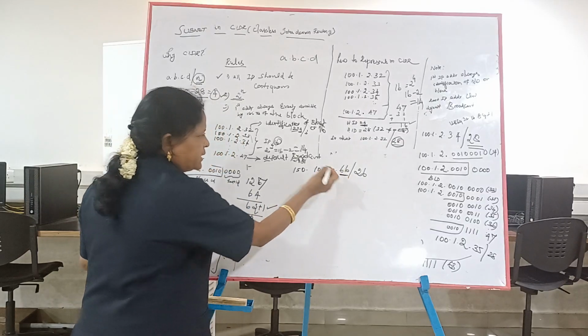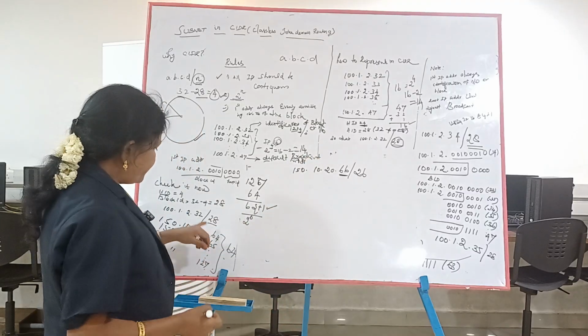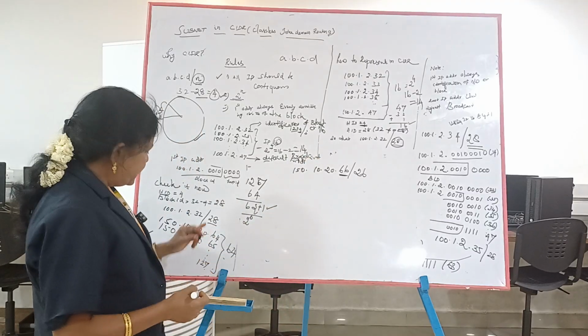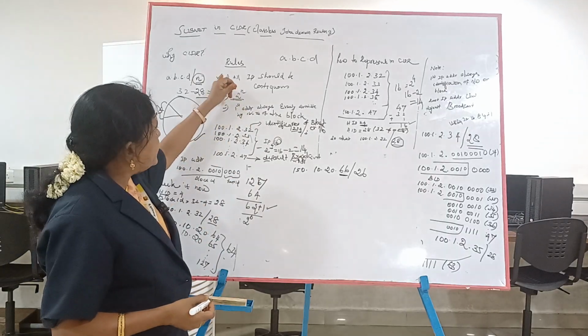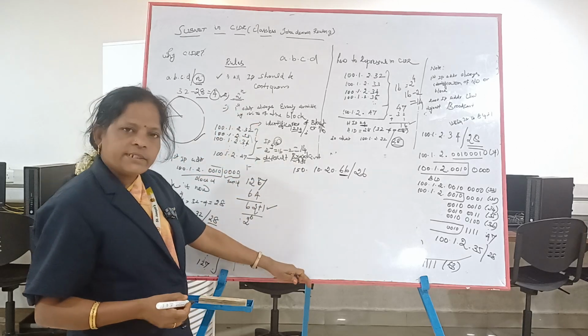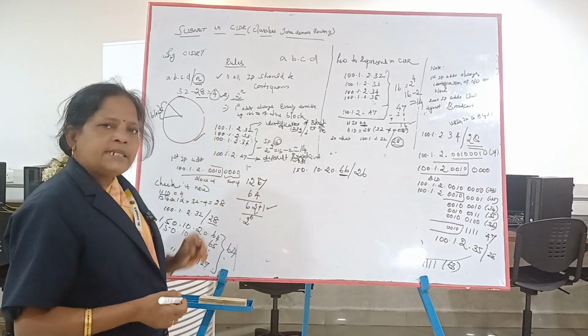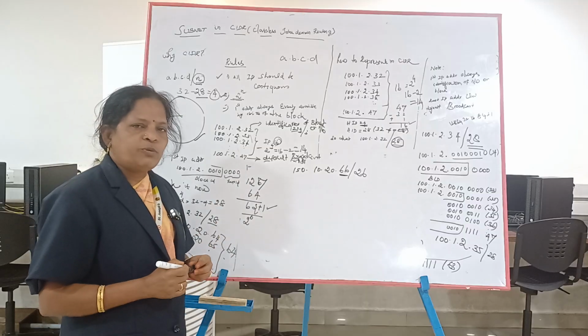So this decimal should be converted into binary. Then you should generate from the first IP to the last IP. Then you should validate whether it satisfies the CIDR rules, rule number 1, 2, 3. Once it satisfies all the rules, then it is called CIDR. This is the concept about CIDR.